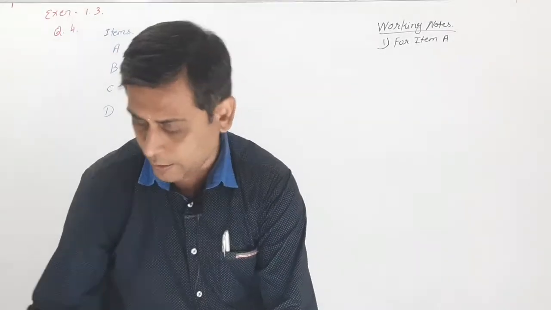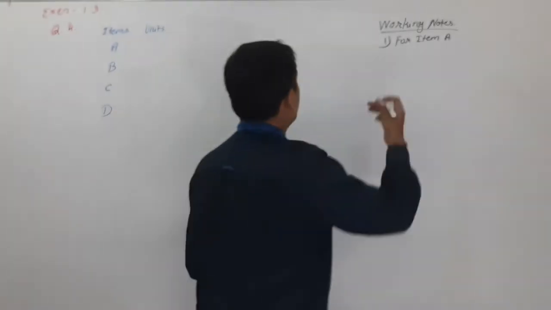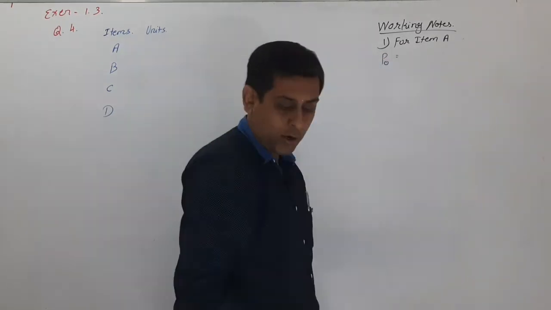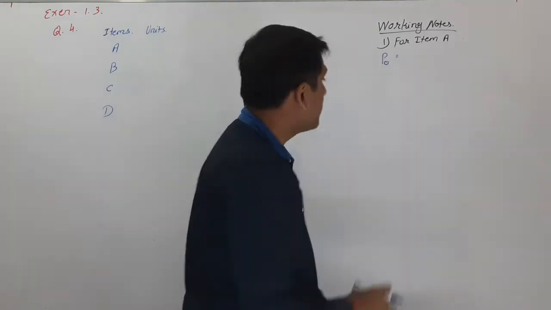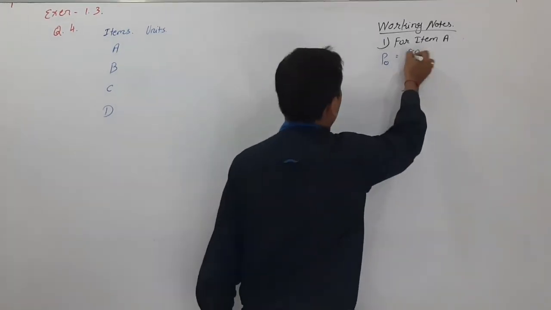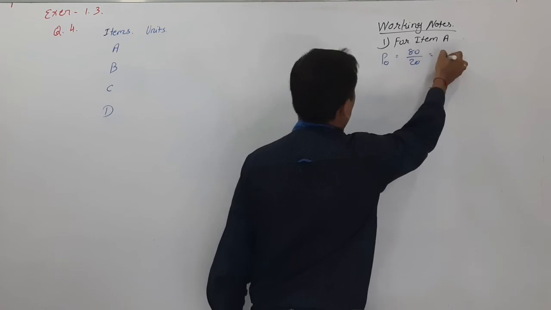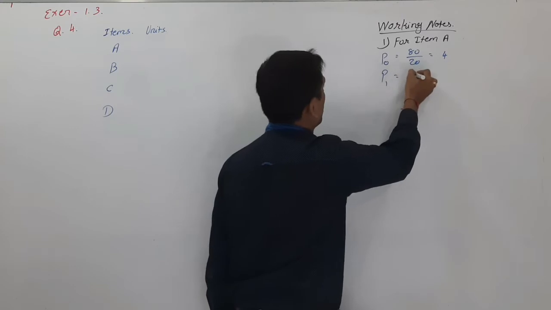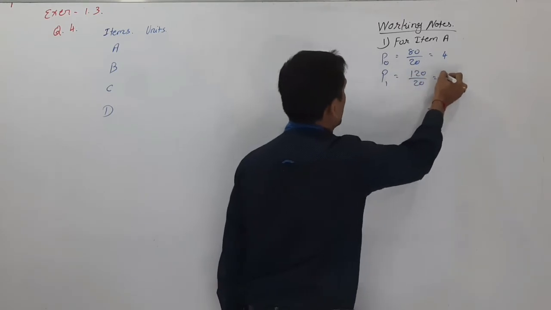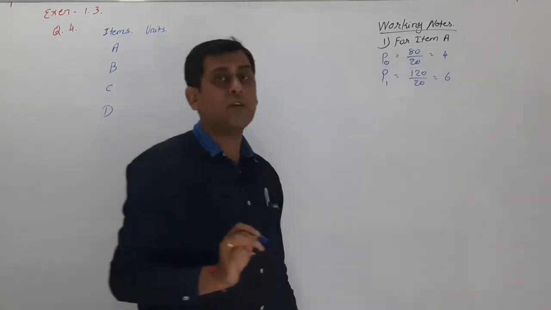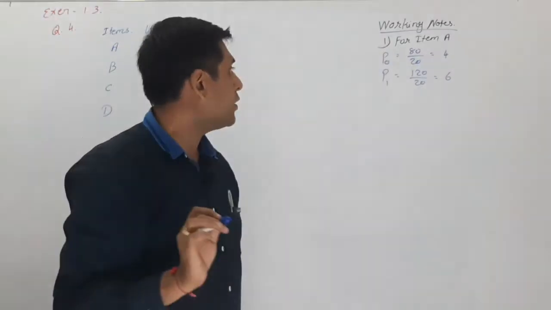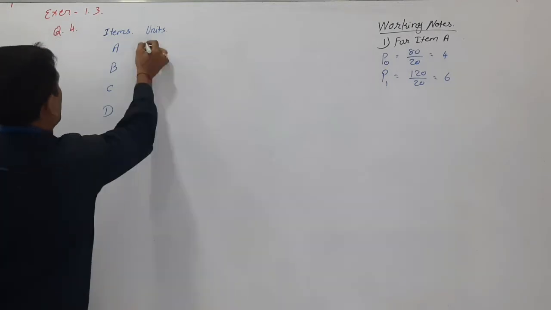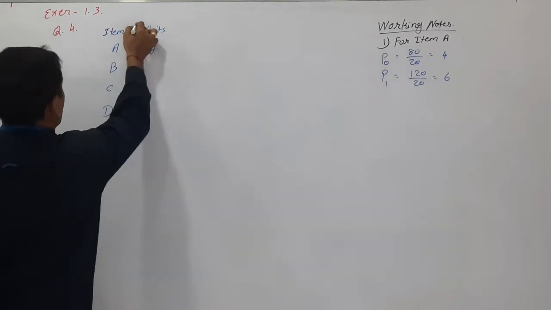So P0 is equal to what? 80 rupees, 80 divided by 20. So here the price is 4, and for P1, 120 divided by 20, the price is 6. That's why the price for item A is 4 and 6, and we have to write kg in the unit column.